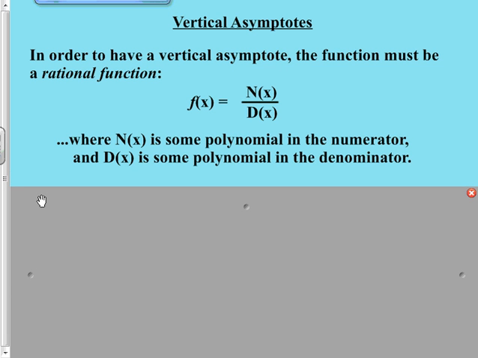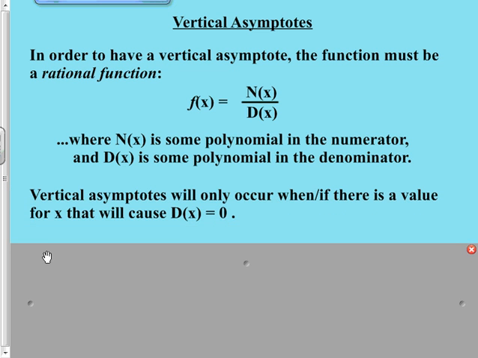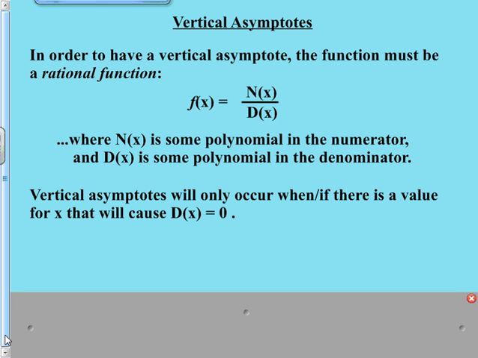Okay, so same conditions as with horizontal, so if you've already copied those down, you might want to put a star next to them where you wrote them down for horizontal, and then make a note to look back at the star for the vertical asymptotes. And the condition will be that vertical asymptotes only occur when or if there is a value for x that will cause the denominator of x to equal 0.